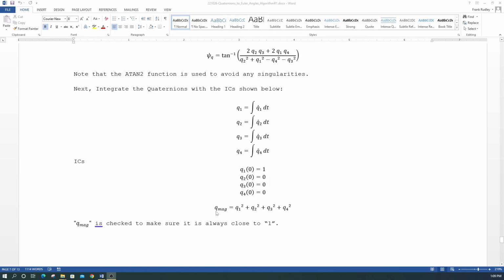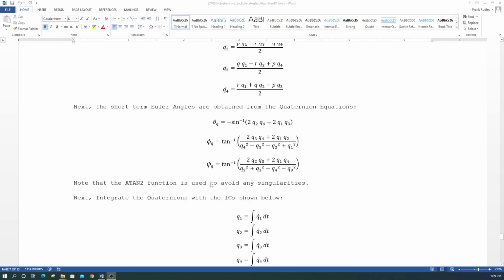So compute this Q mag, and you want to check that to make sure it's close to 1. I always found it was very close to 1, so I didn't need to do any adjustments or any feedback into the quaternion equation. So anyway, this will give me my pitch angle, my roll angle, and my azimuth angle, or heading.